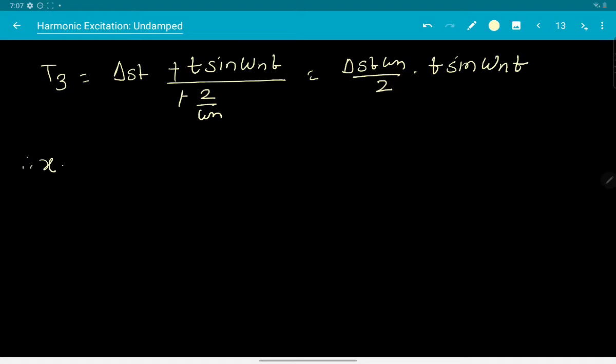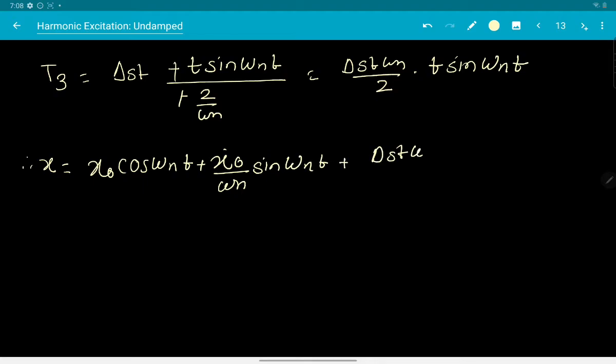Therefore the entire x will be x0 cosine omega nt plus x dot 0 by omega n sine omega nt plus delta st omega n by 2 t sine of omega nt.